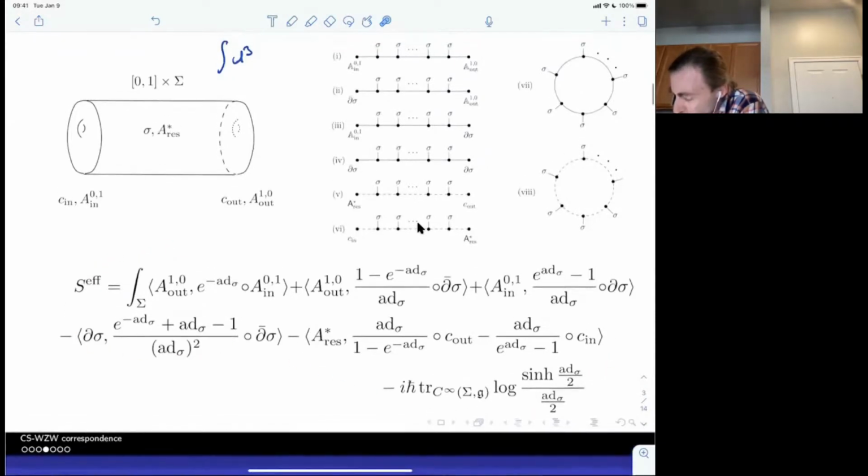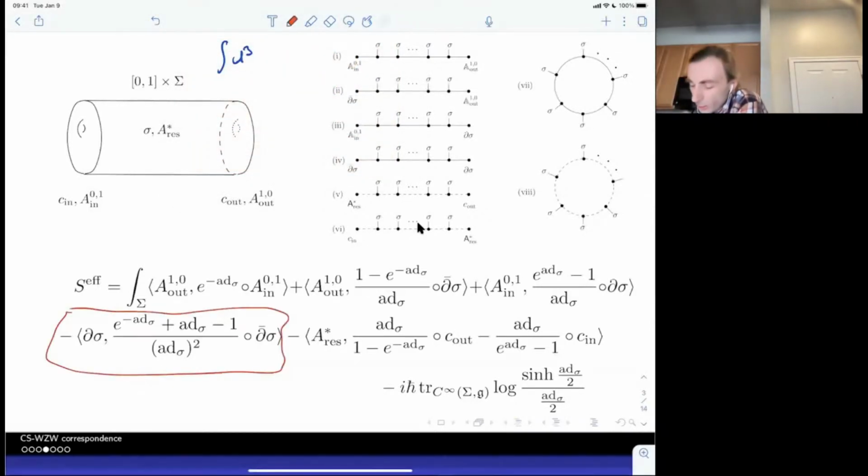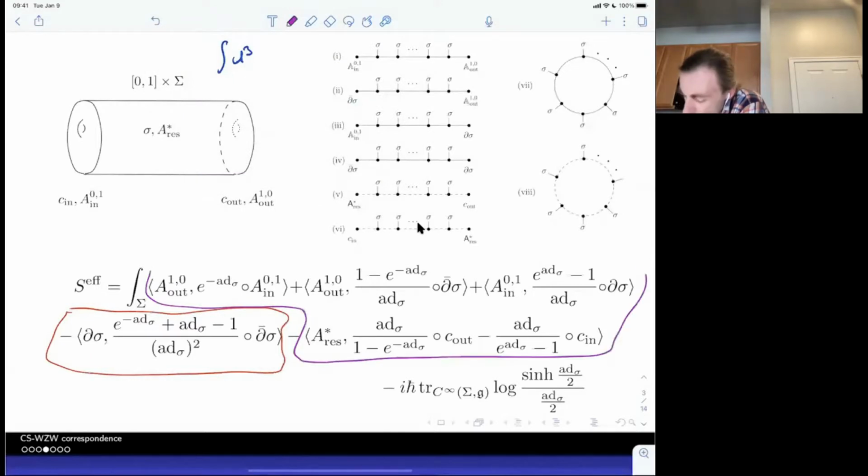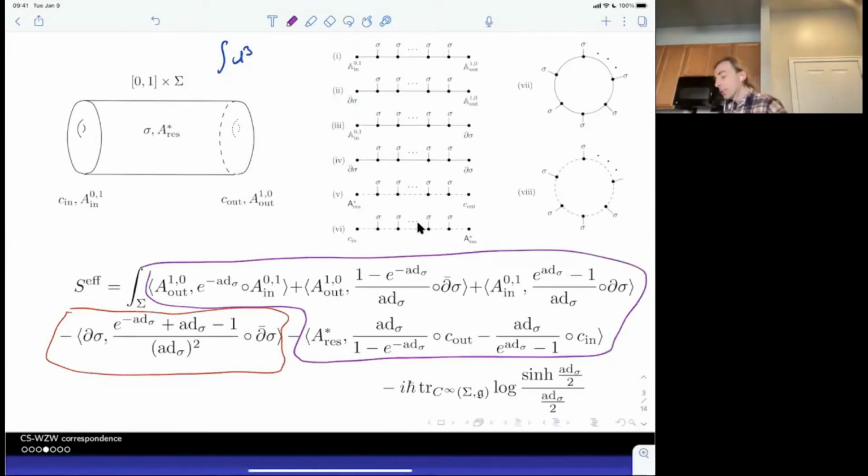So maybe I should comment that there's a part which is maybe the most interesting part really, is this one again, which depends only on the residual fields. Then there's a part where boundary fields appear. I don't know, make it purple. And there is the one loop part, which requires some regularization, like replacing sigma with a cell decomposition, for example.